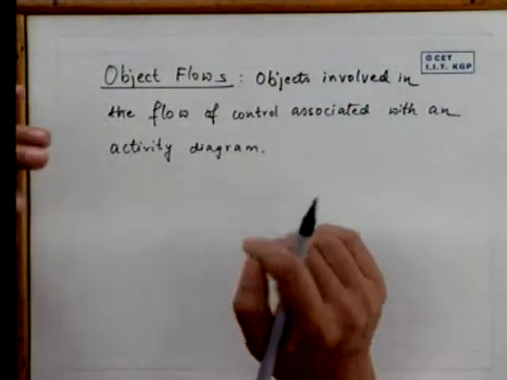So, for example, the vocabulary of the problem space may include order and bill, and instances of these two classes will consist of this object flow between the different states.